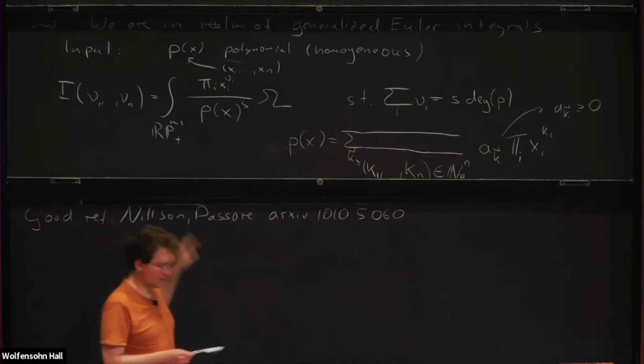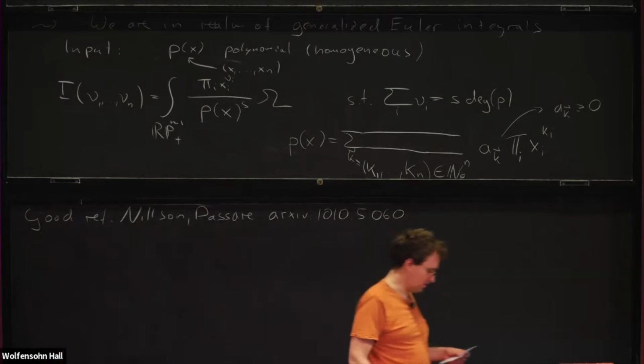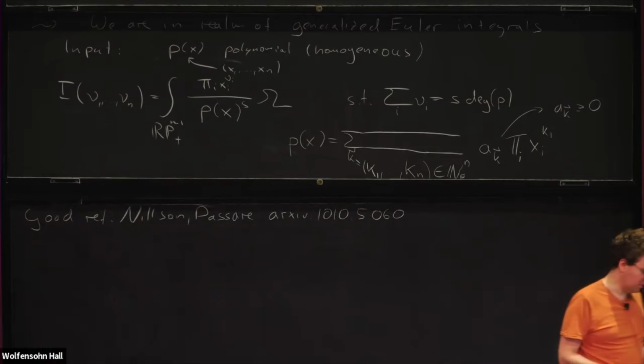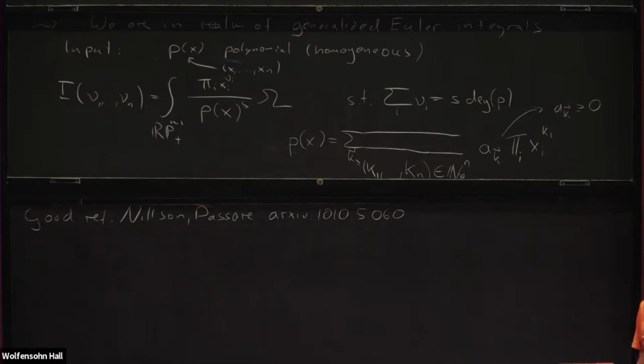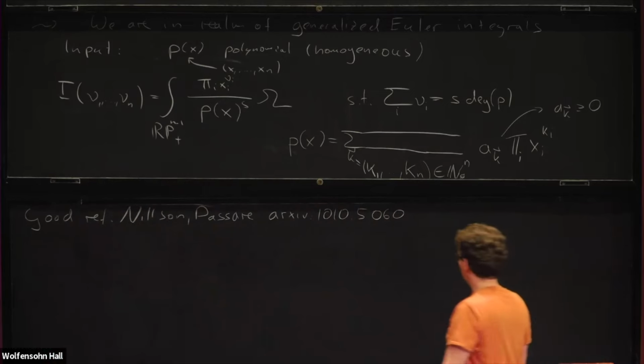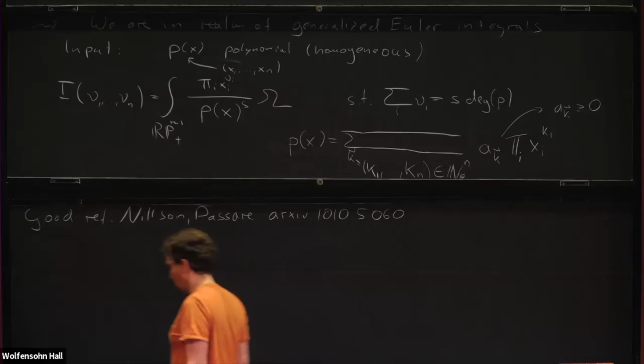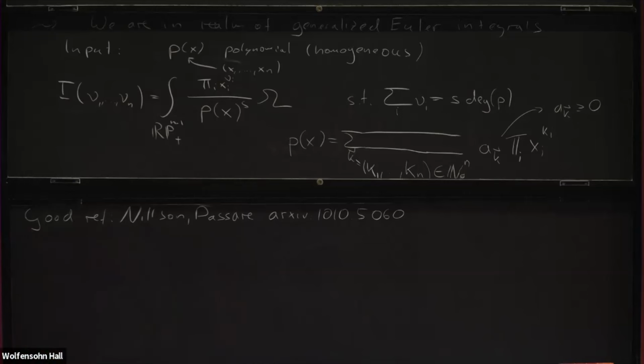They discuss the parts of the theory of generalized Euler integrals that are relevant for Feynman integrals, at least. The key tool one needs to know is some convex geometry. So we need to know a bit about polytopes to deal with these integrals. So this is essential.